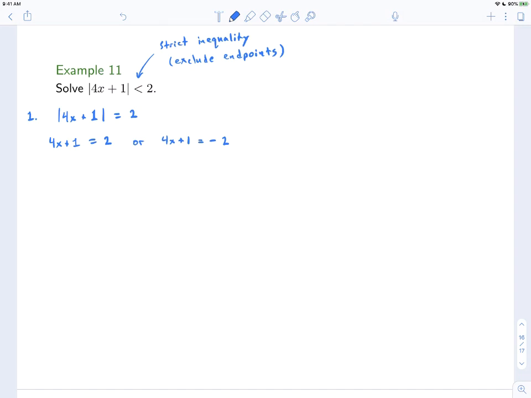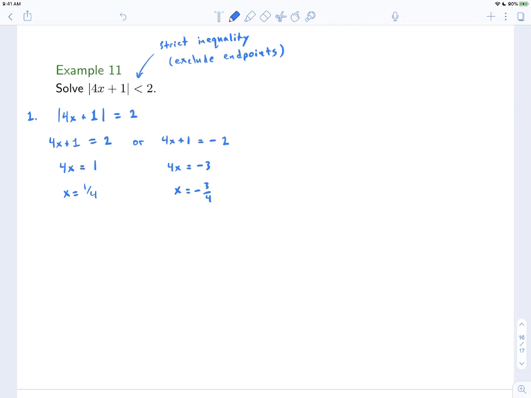So let's look at the one on the left. You subtract 1 from both sides, and you get 4x equals 2 minus 1, which is 1. So x is equal to 1/4. Now on the right, you get 4x equals -2 minus 1, which is -3. So x equals -3/4.